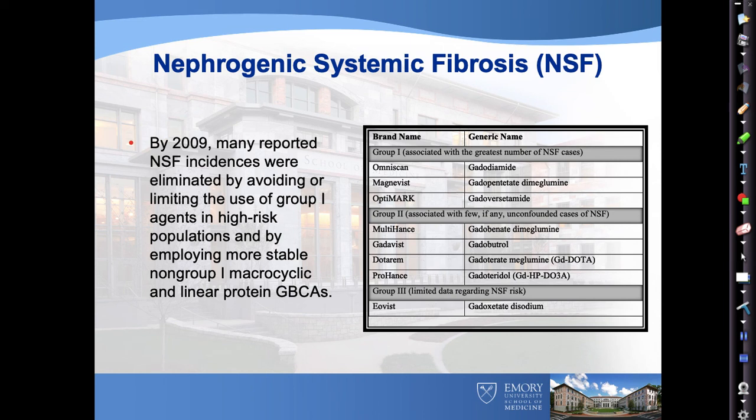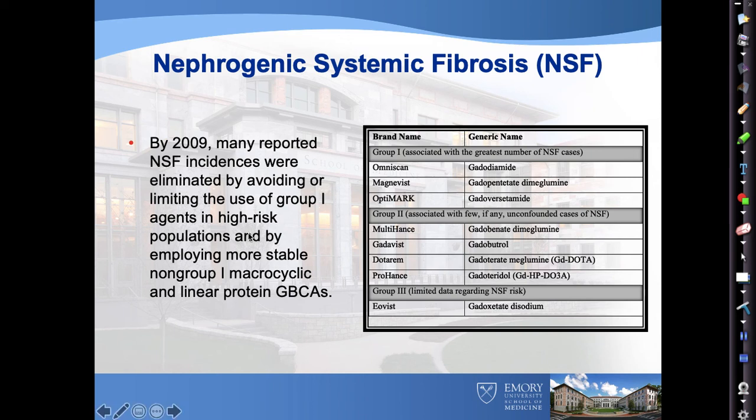Group 2 agents are associated with few, if any, unconfounded cases of NSF, and those agents are Multihance, Gadavist, Dotarem, and Prohance. And then Group 3, there's limited data regarding NSF risks, and one of the agents is Eovist, which once again is a hepatobiliary agent.